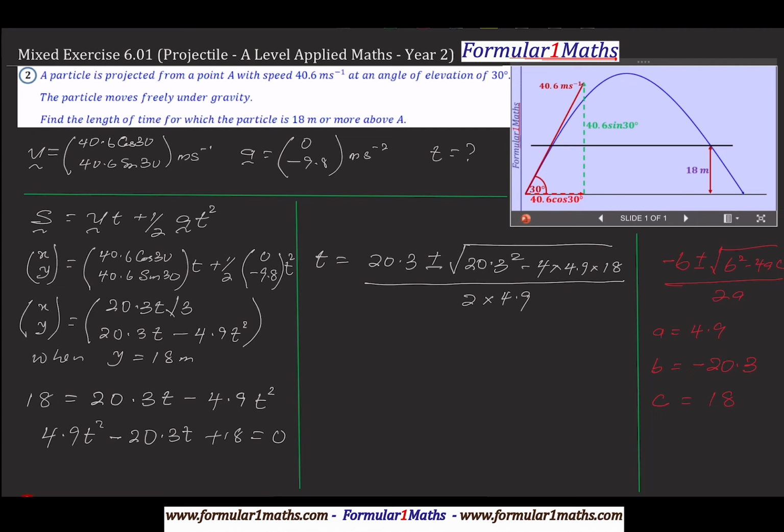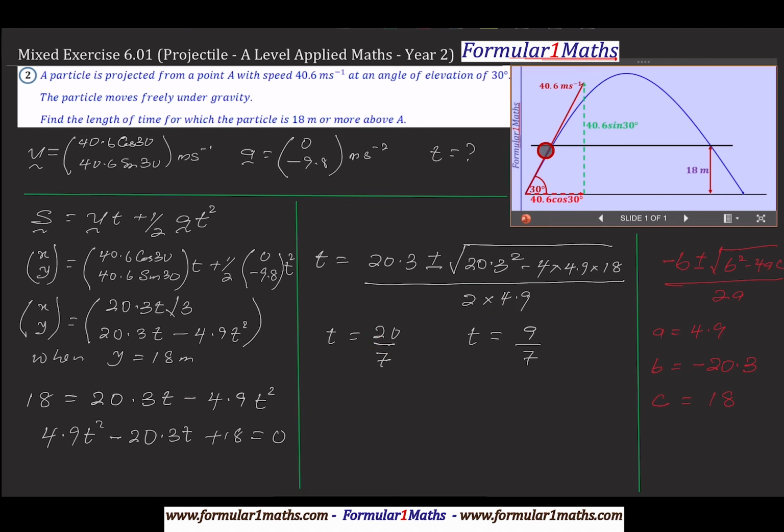If I put this in my calculator, you're going to get two values. The first will be t equals 9 over 7 and the second will be t equals 20 over 7. These are the times that the particle was here and there. Because this is the smaller value, this is the time that it was here, and the time that it was there is 20 over 7.